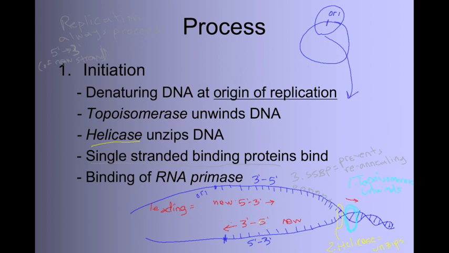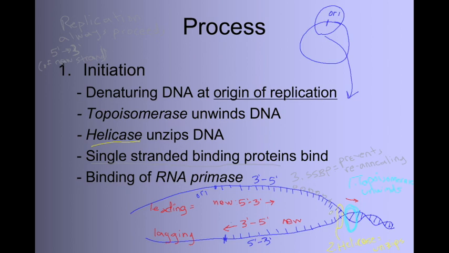If replication is occurring to the left on the lagging strand down here, we call this the lagging strand, the lagging strand is the strand whose orientation essentially requires replication to occur in the opposite direction of the replication fork, okay?